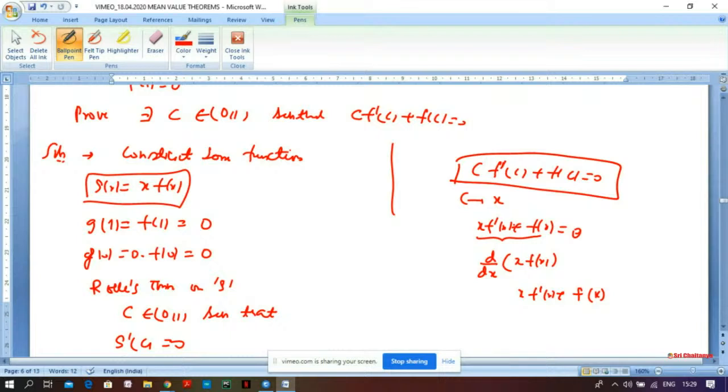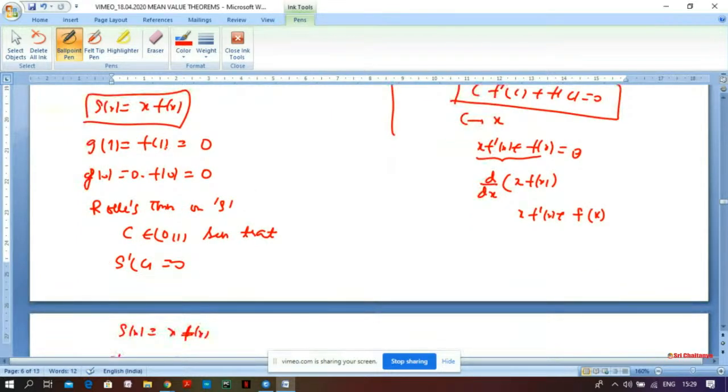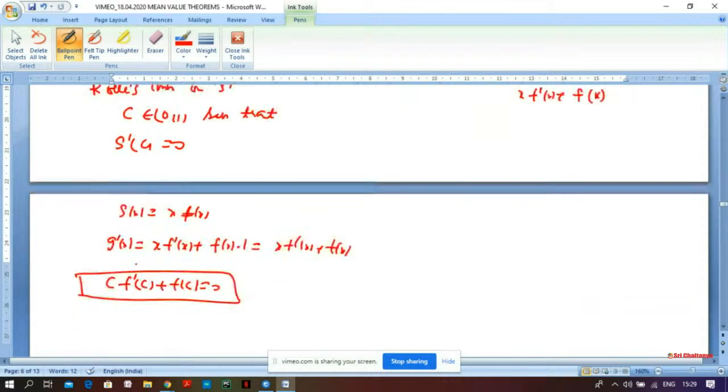So think of c as x, then you construct this one. g(1) is f(1), which they give. f(0) is not given in the problem, but no problem, because g(0) is 0 anyway. So by Rolle's theorem on g, there is some c such that g prime c is 0. g(x) is this much, g prime is this much, and so c times f prime c plus f(c) is 0, and so we are done.